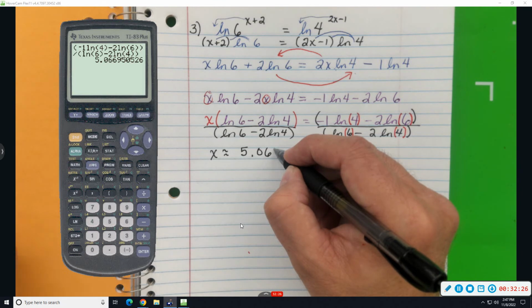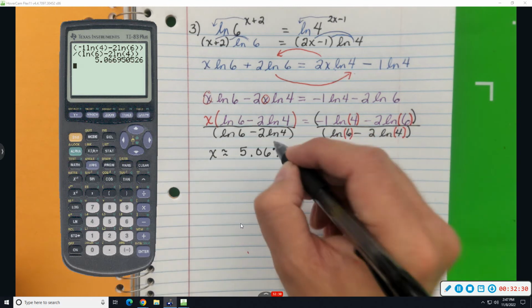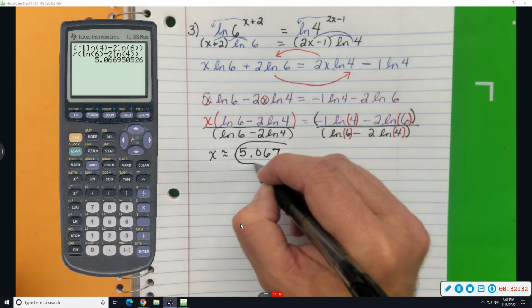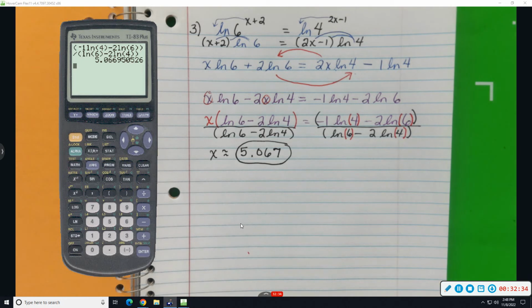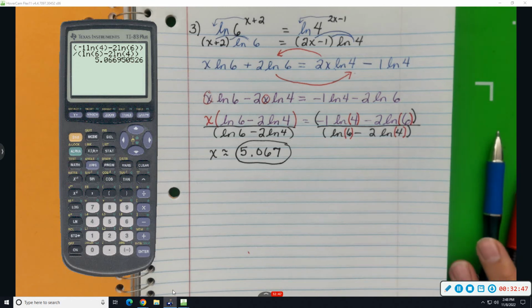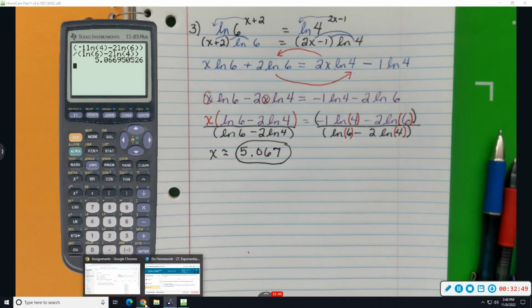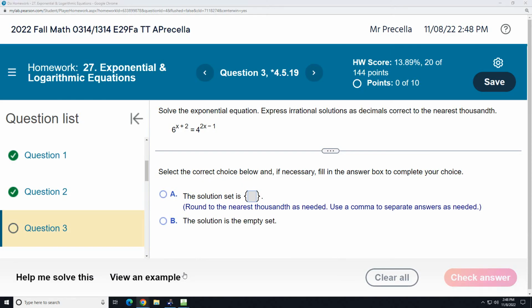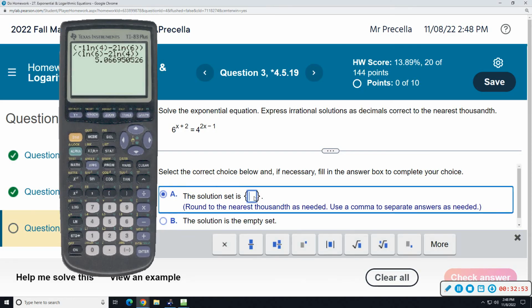Do y'all agree with 5.067? If you tried to punch that into your calculator, did y'all get the same thing? You've got to watch those parentheses. Let me go ahead and stick it in and then I'll bring it back, but let me punch it in so you'll see it's the right answer.